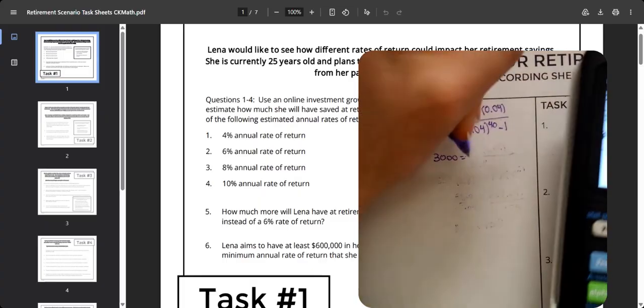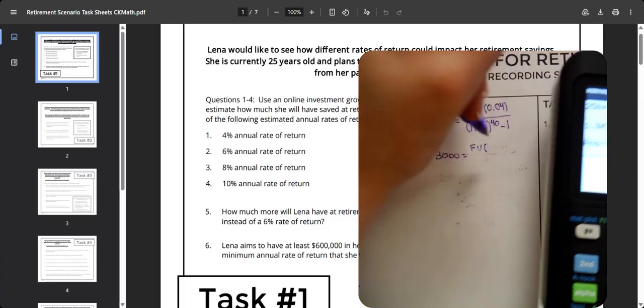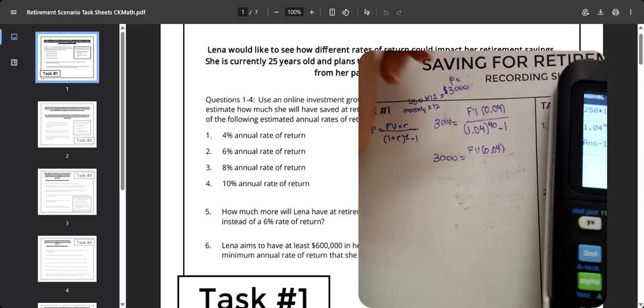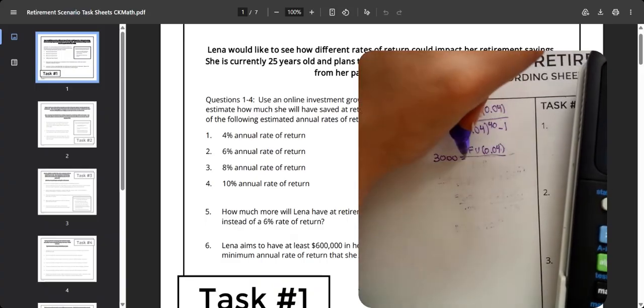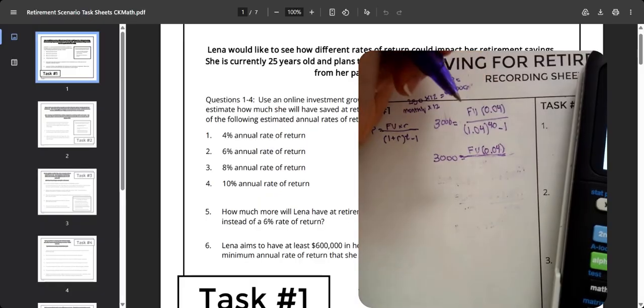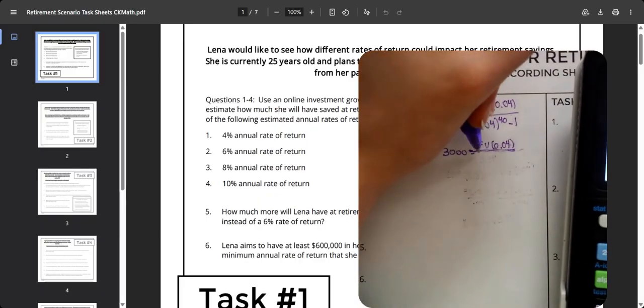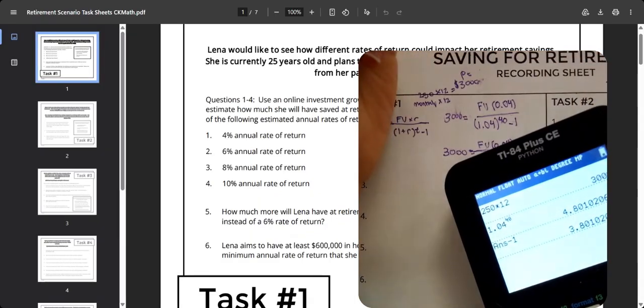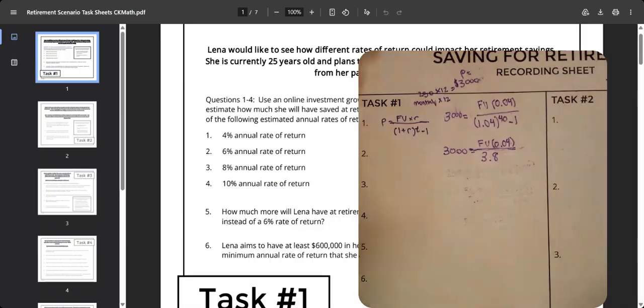Now we've got FV times 0.04. I can't multiply these two together because that would just give me FV times 0.04, which would be pointless. Then we've got 3.8. It's pretty small after the decimal, so I'm just going to keep it 3.8. It's not going to change our answer.